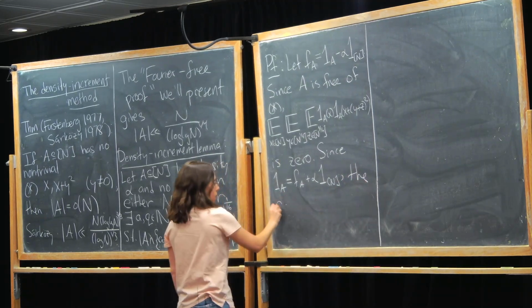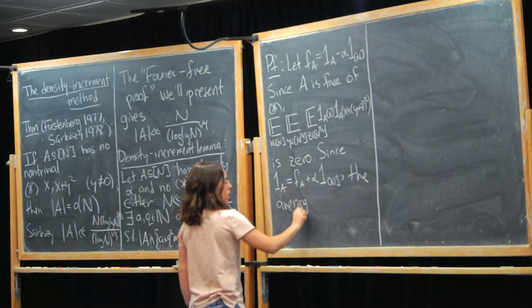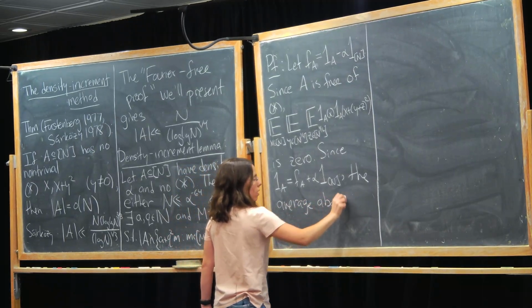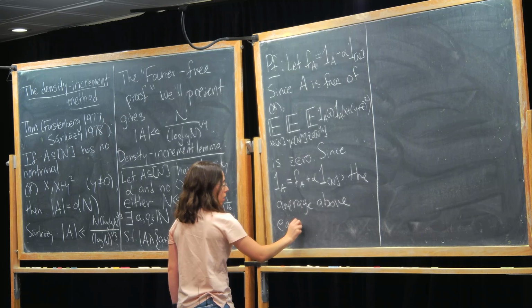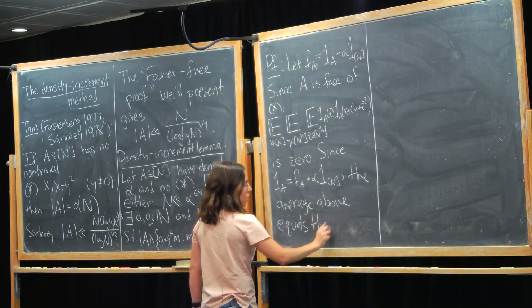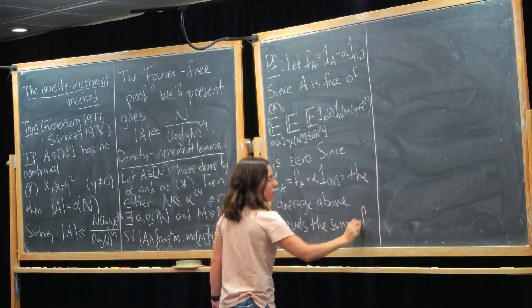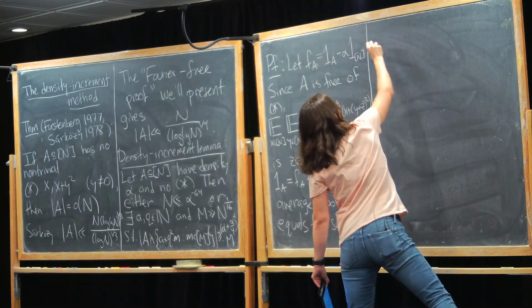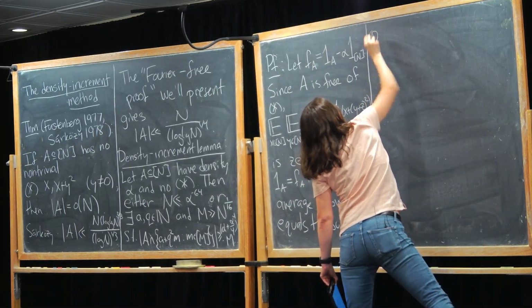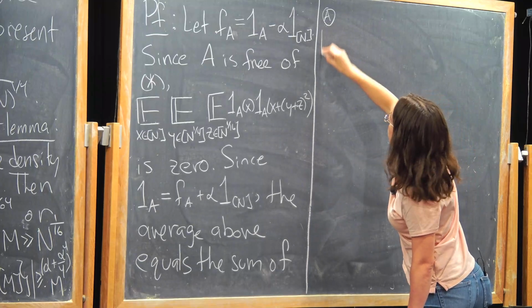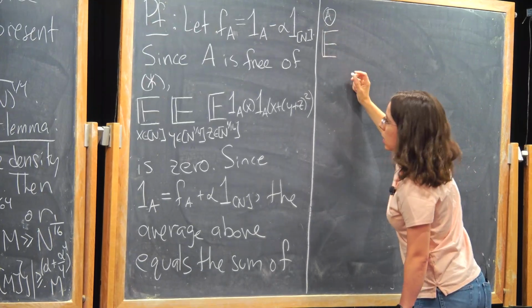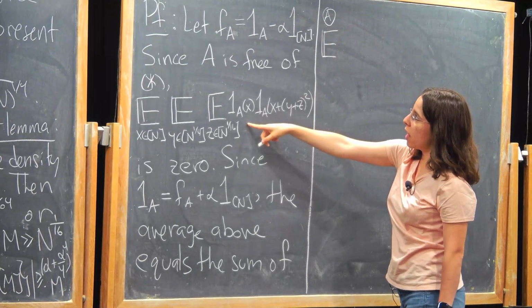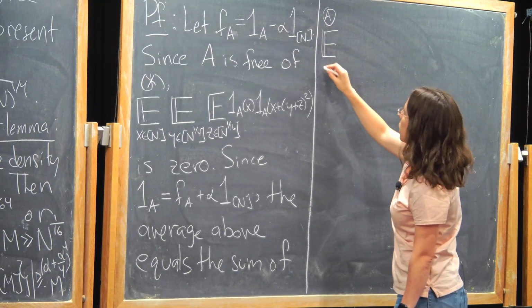So the average above equals the sum of, the first one I'll call A, the same average, but with indicator function of A, and then the balanced function.